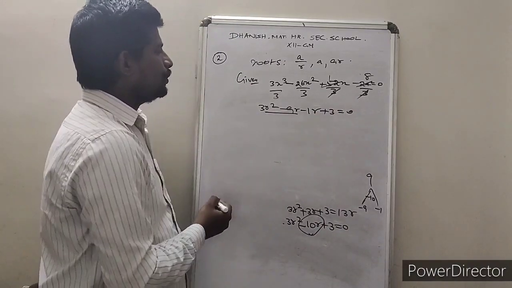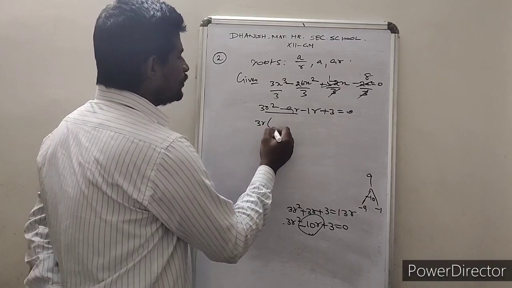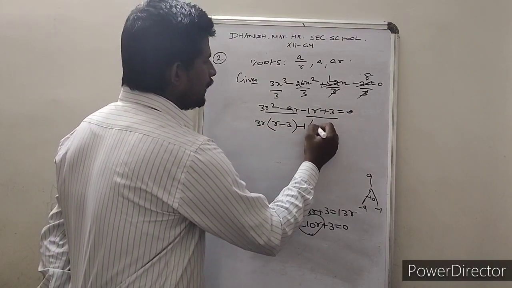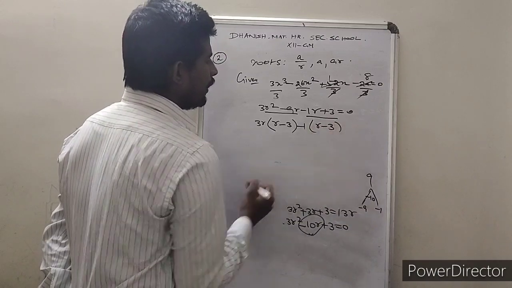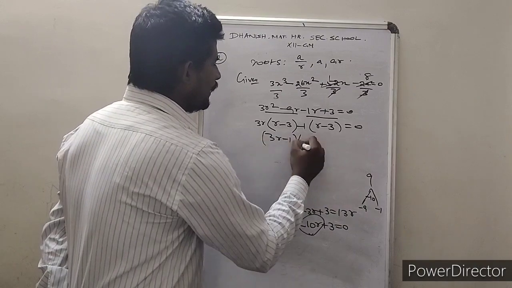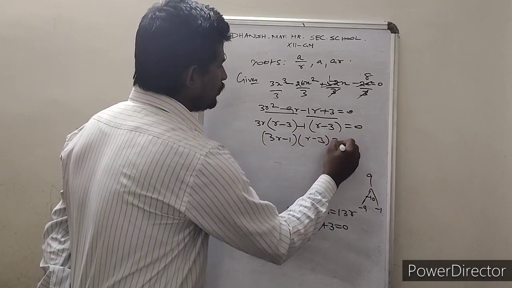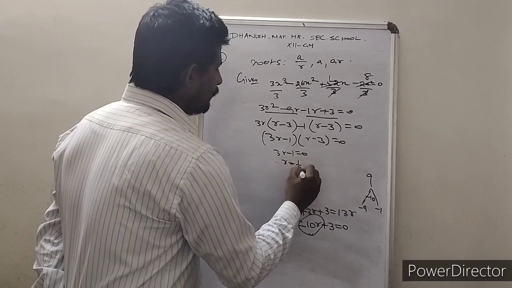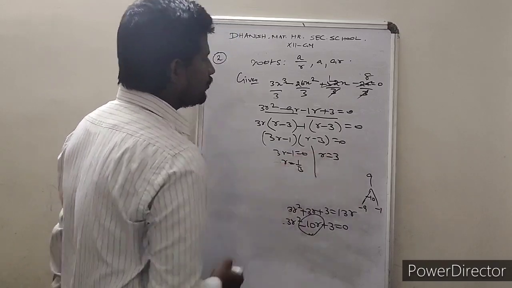From the first two terms I take 3r as common: 3r into r minus 3. From the other two I take minus 1 as common: minus 1 into r minus 3 equal to 0. Then 3r minus 1 into r minus 3 equal to 0. So 3r minus 1 equal to 0, r equal to 1 by 3, or r is 3.